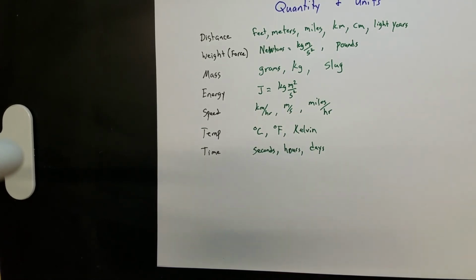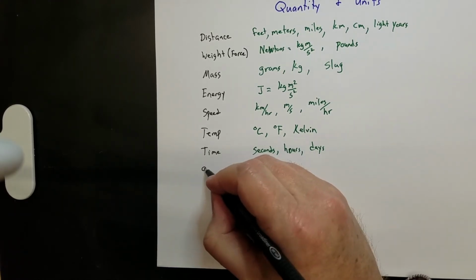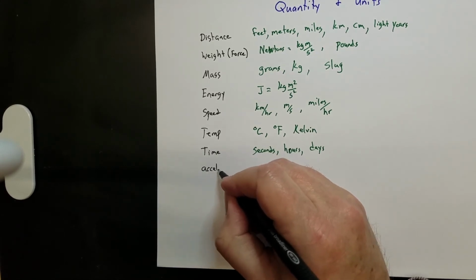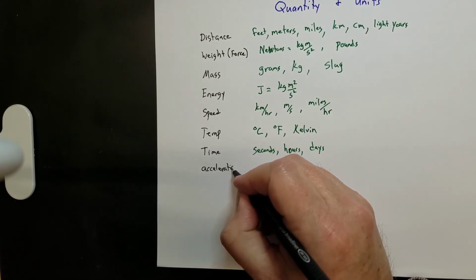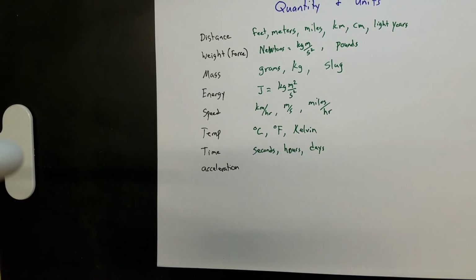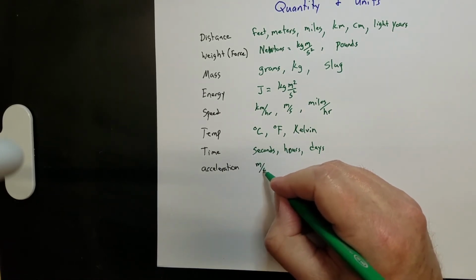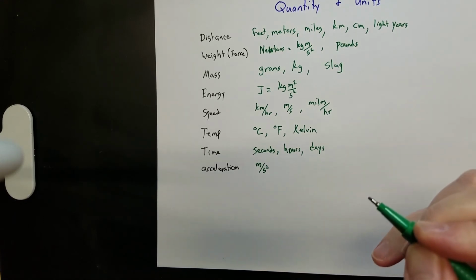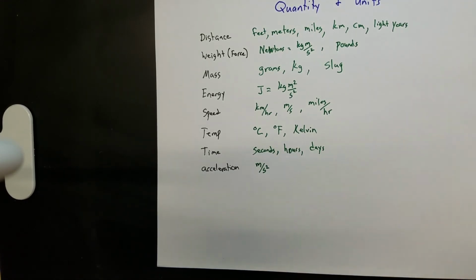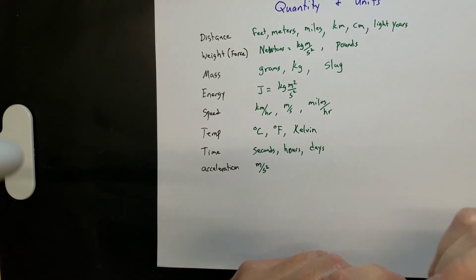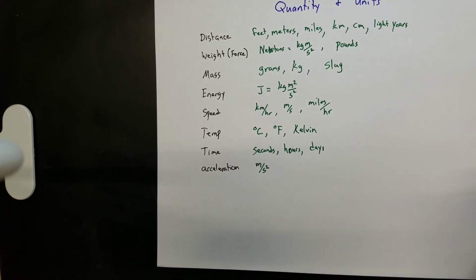Let's see. Oh, acceleration. We can measure acceleration. And acceleration is meters per second squared. Well, what this gets into is the difference between what we call a fundamental unit and a derived unit.